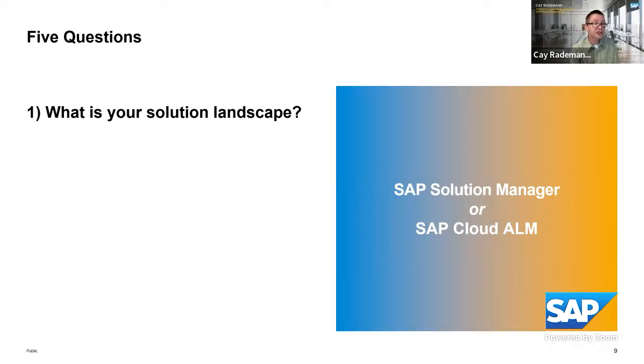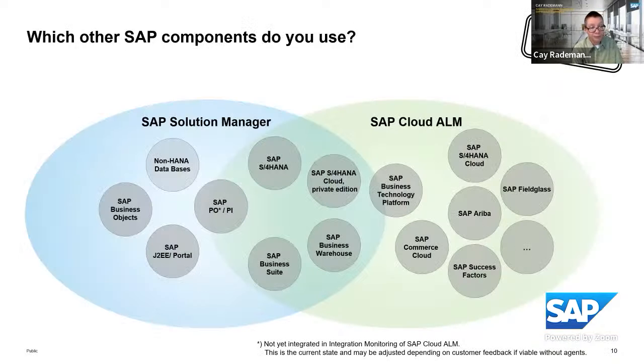The first question is, what is your solution landscape? Do you have just an SAP S/4HANA Cloud Private Edition, or do you have other SAP components as well? And depending on the answer of this, you see here on this picture a coverage of how well SAP Solution Manager or how well SAP Cloud ALM supports the individual components.